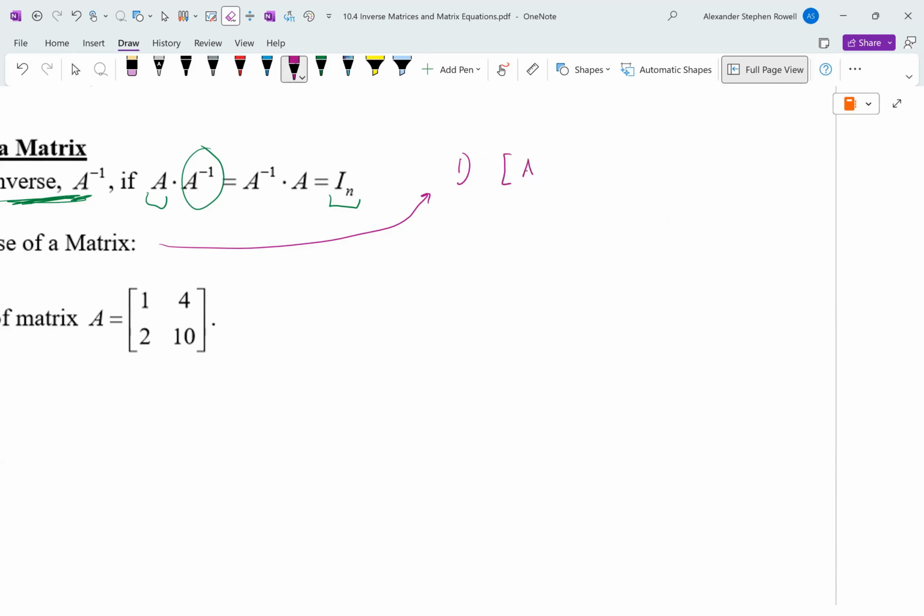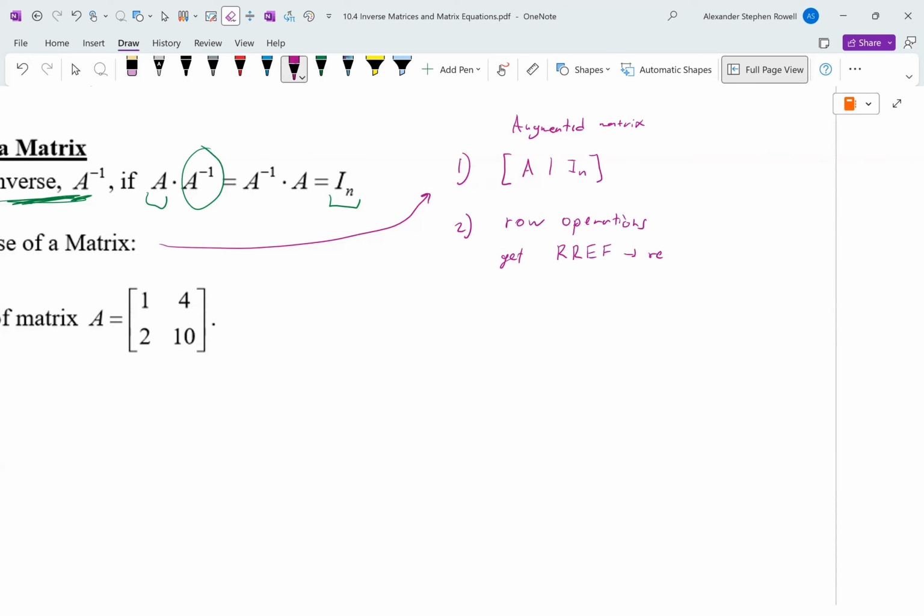You're going to make an augmented matrix with A on the left-hand side and the identity on the right-hand side. And then you're going to do row operations. Does operations have 2 P's or 1? Operations. Does anyone know what RREF means?